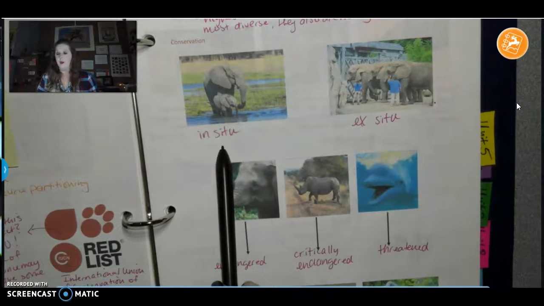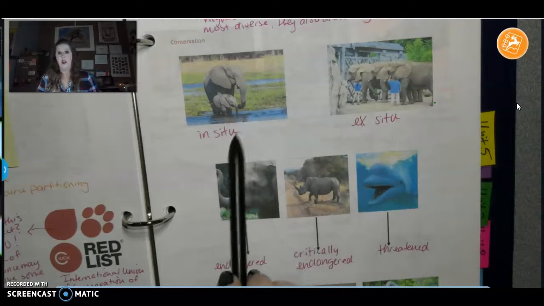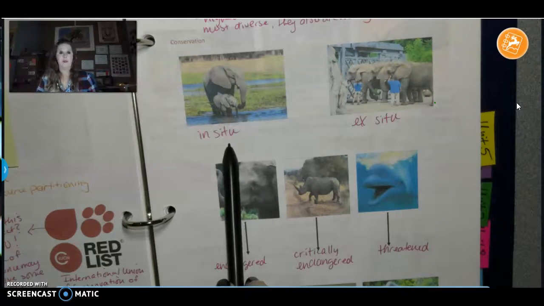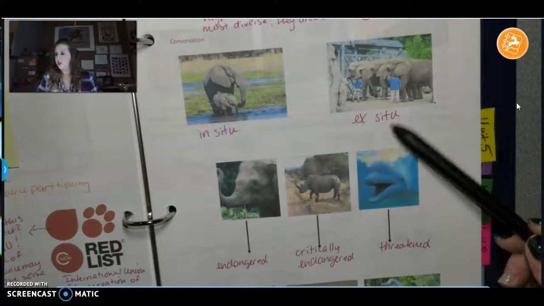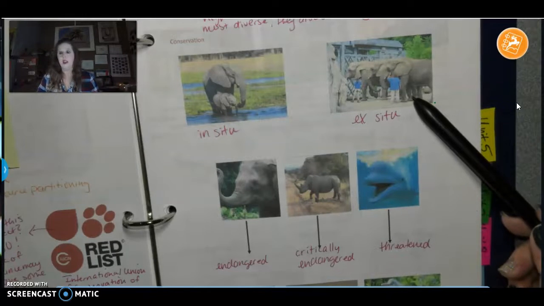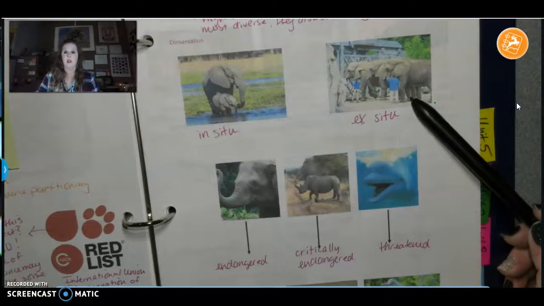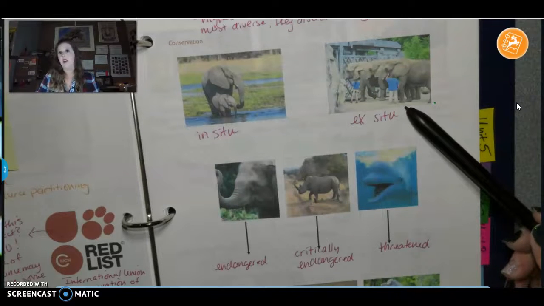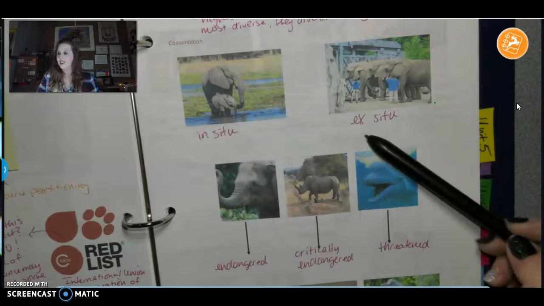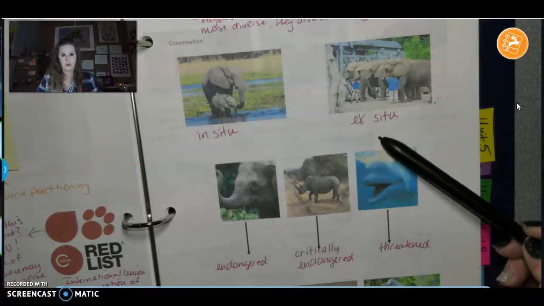So you're talking about a preserve, some type of protected area of land where we're able to keep the elephant where it's supposed to live. It's better for the organism. If that's not possible, we have ex situ conservation, which is placing an animal in a zoo-like environment. Most zoos are beneficial and they have great intentions. Okay, so that's ex situ, out of its normal environment.